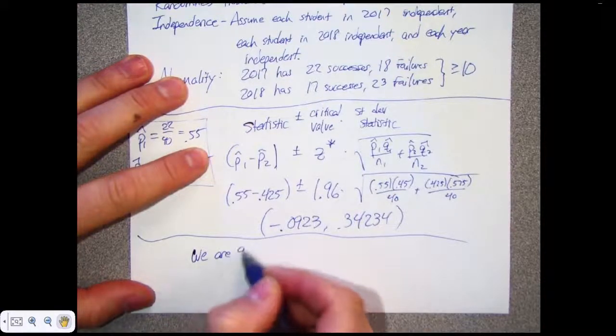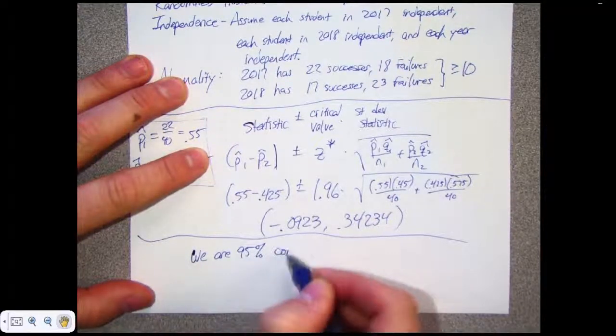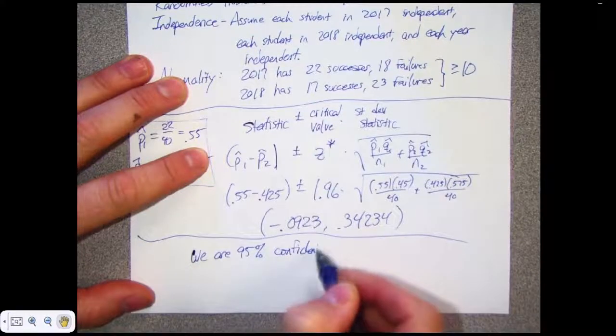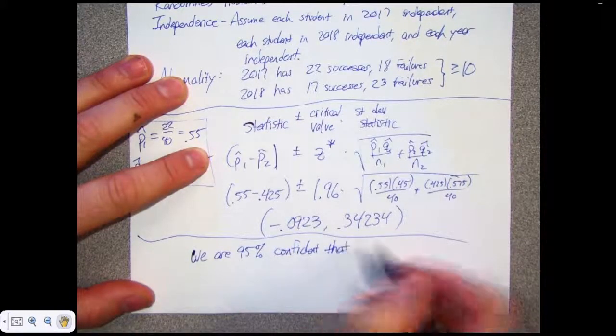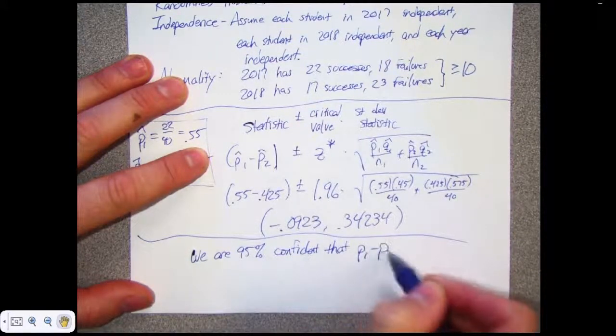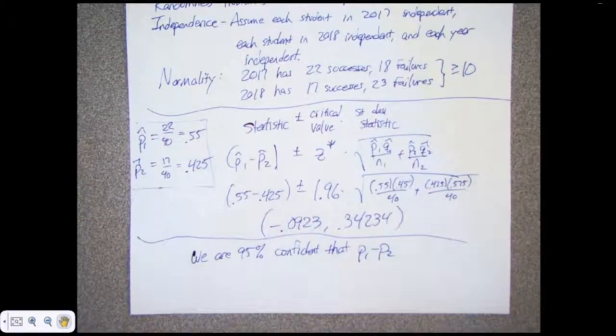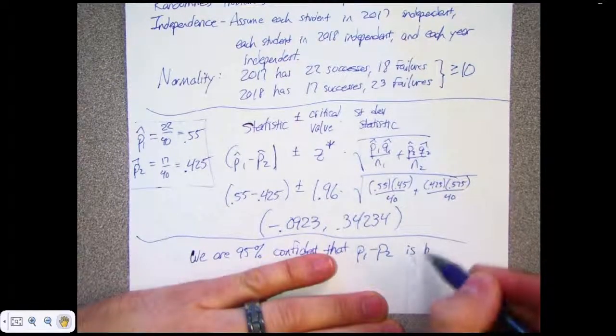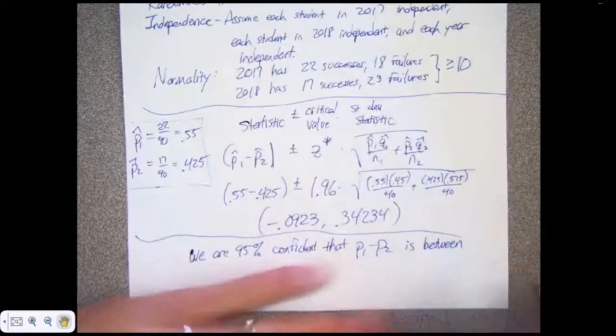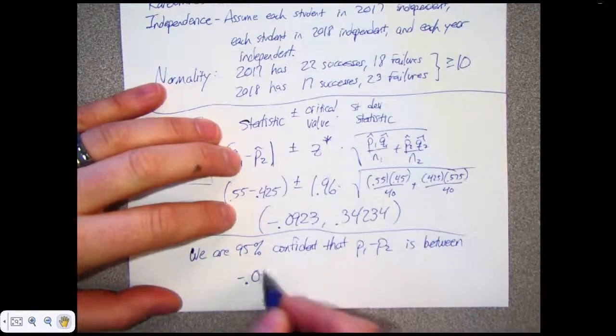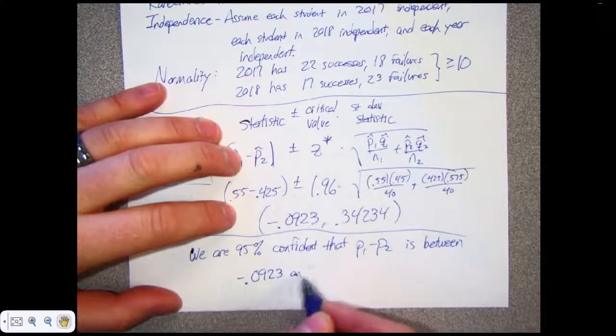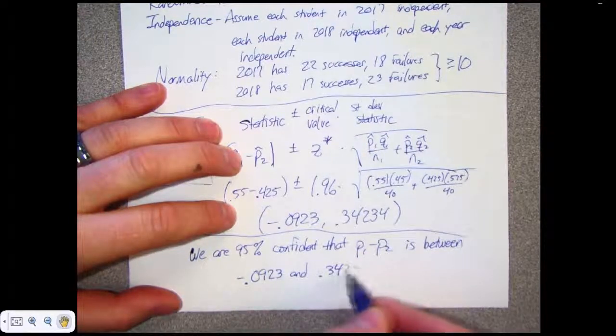We are 95% confident P1 minus P2, again, keep it in your order. And now it doesn't have hats because we're trying to make an assumption about the population. Is between negative 0.0923 and 0.3423.